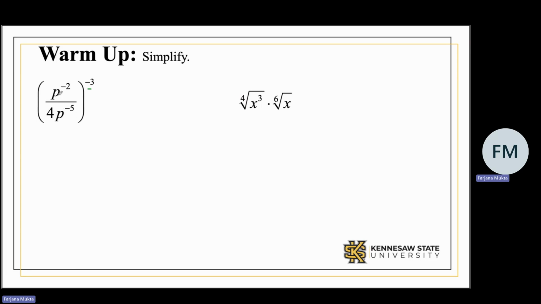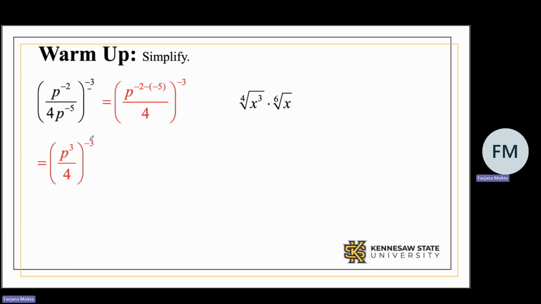So we can combine these two, right? We'll subtract the exponents. So we'll have p raised to -2 subtract the other exponent, -5. So -2 and negative will become +5. So we'll have p to the 3, and the denominator is just the 4.